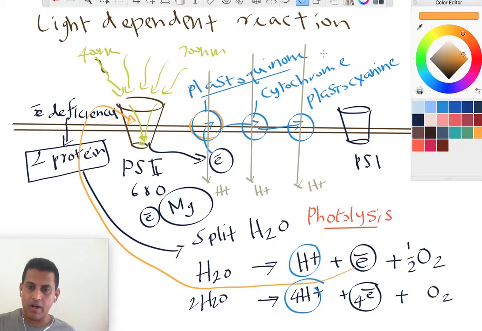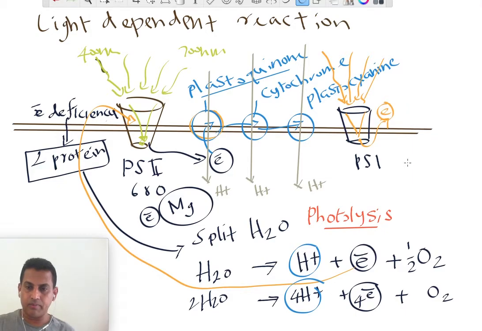Now photosystem 1 also absorbs light energy, and this light energy is concentrated down here to the reaction center, and in the same way as photosystem 2, the electron is excited. So it also makes an electron deficiency. However, this deficiency is filled by the electrons coming from photosystem 2.